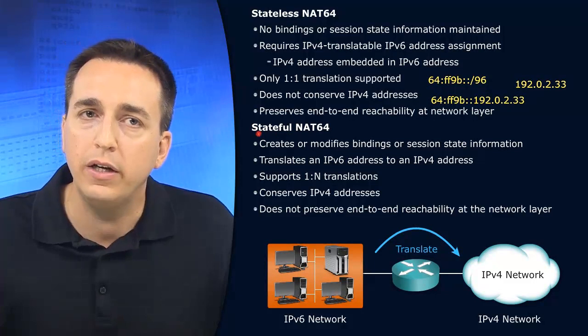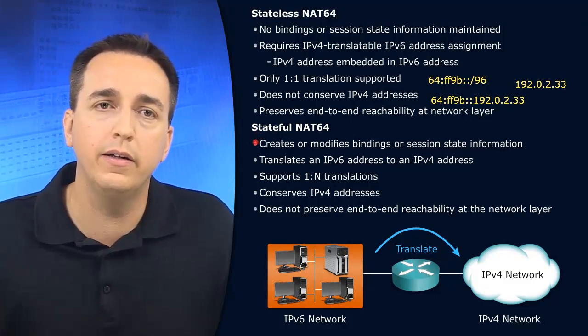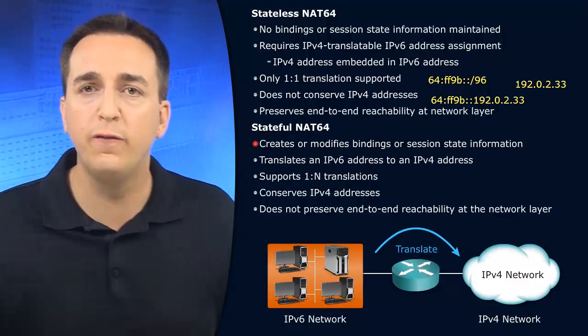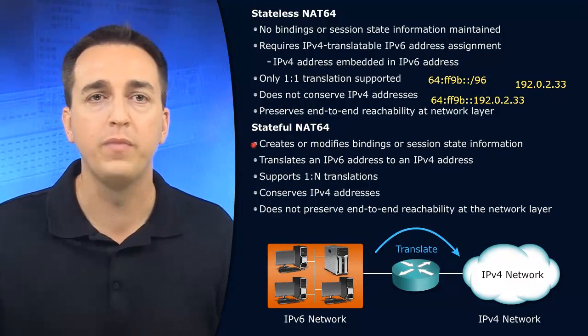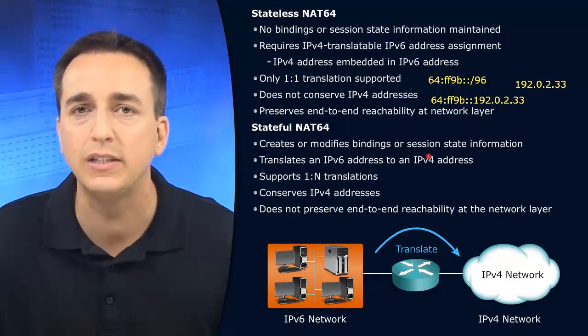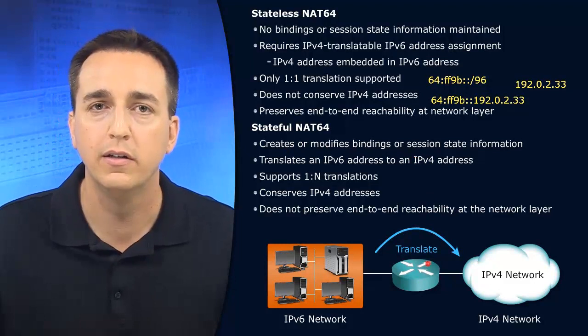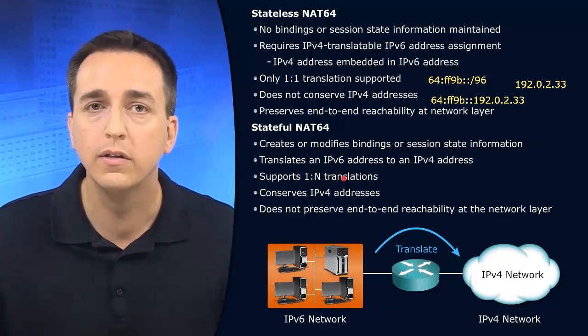We have the ability to implement stateful NAT64, and this is very similar to port address translation for IPv4. So you're going to be creating or modifying these bindings, maintaining session state information on the router. So it's more resource intensive than stateless NAT64.